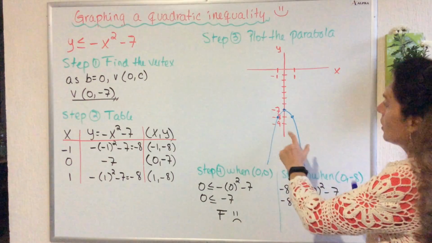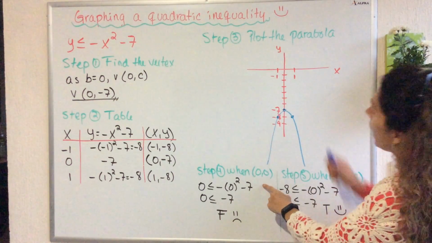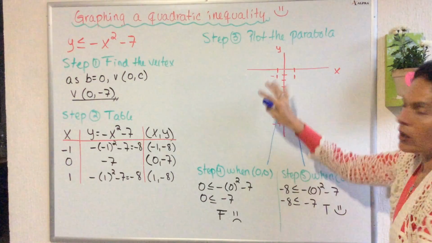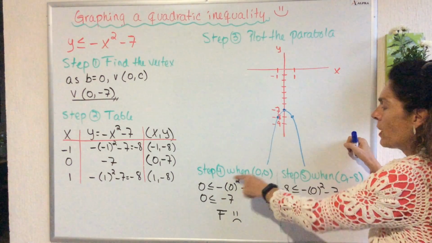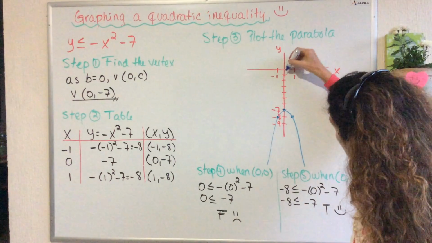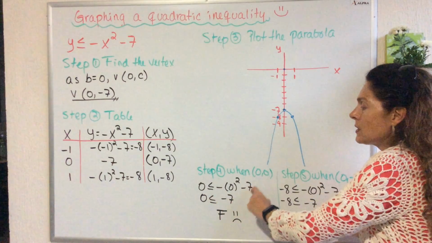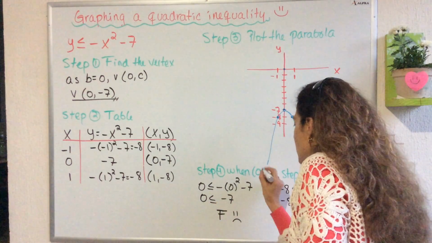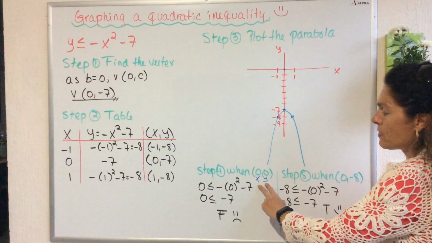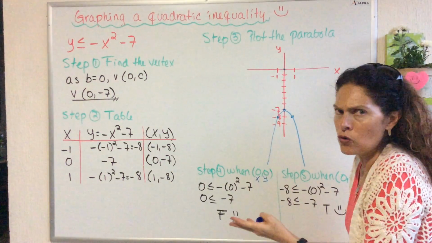So, I'm going to start here with the origin, which is outside the parabola. So when we have the point 0, 0, which is here, we substitute the values. Remember that this is x and this is y. So we substitute both of them in the inequality, and we check if this is true or false.